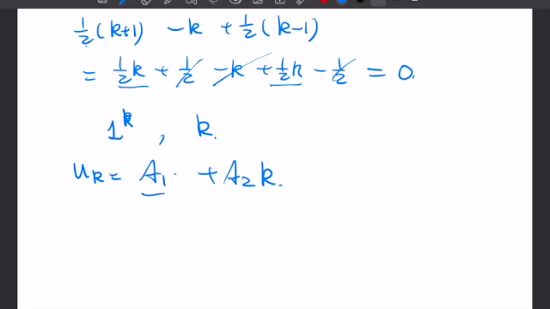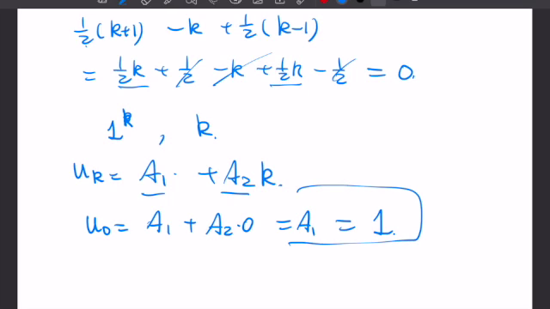And to determine the values of these coefficients, we use the boundary conditions again. So u0 is a1 plus a2 times 0, which is a1, is equal to 1. So it's easy, a1 is 1, and ua is a1 plus a2 times a is equal to 0.